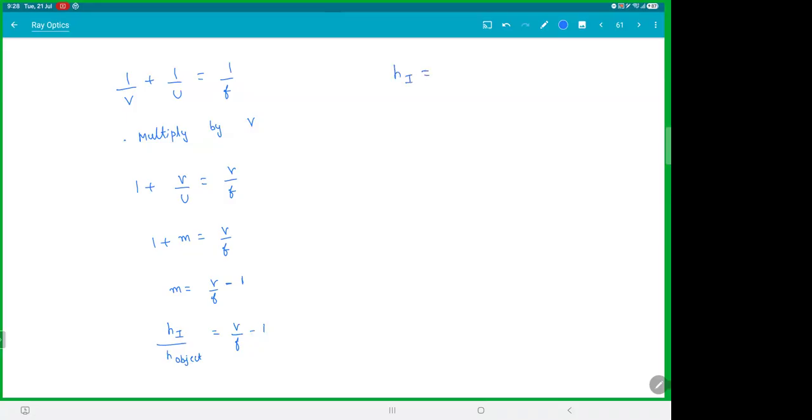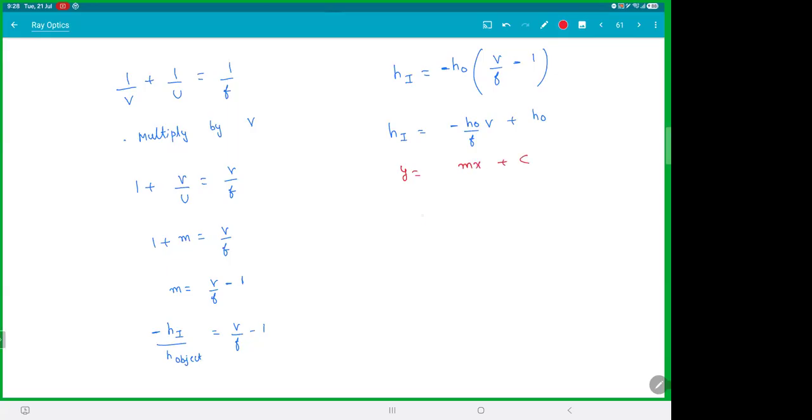So height of the image, which is your y coordinate, is height of the object, which is constant, into v by f minus 1. You can take with the sign convention, minus h and everything. But if you observe this, this is actually a straight line.